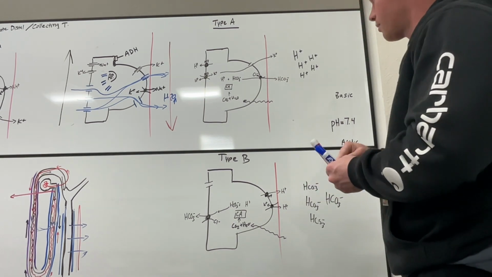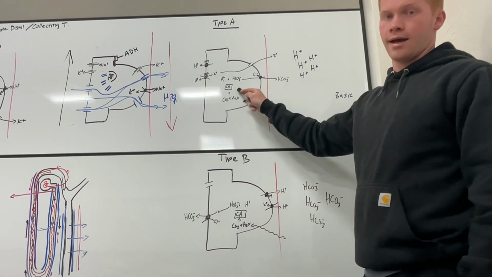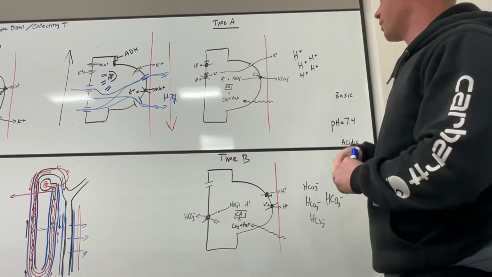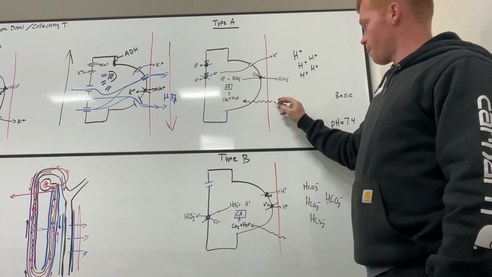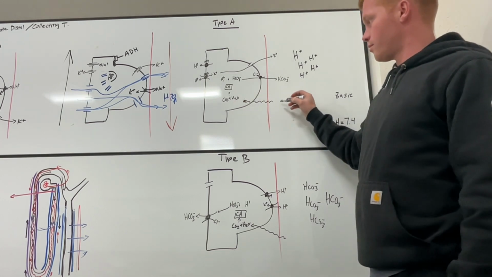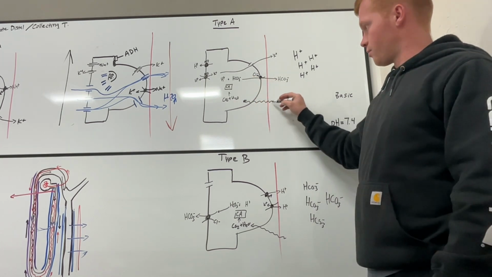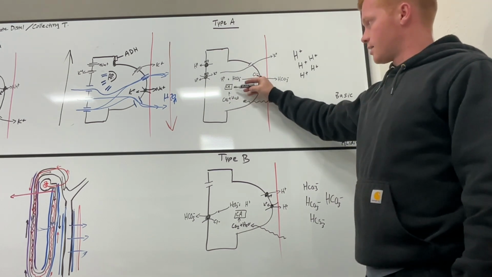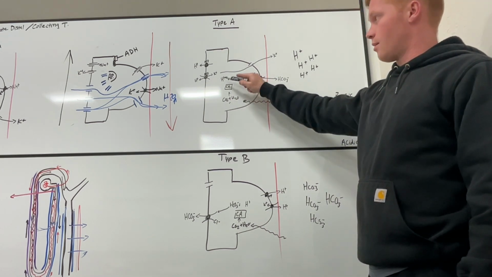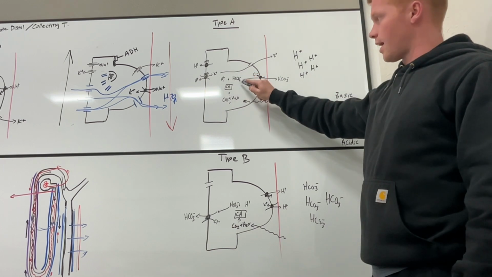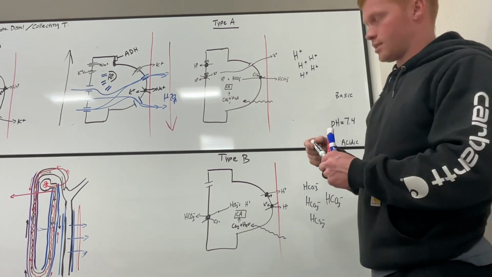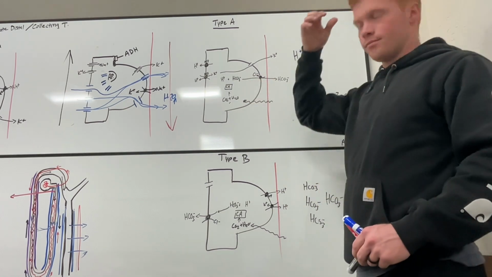So we're back to carbonic anhydrase. High acidity in the blood. What are we going to do? CO2 and H2O, we talked about before, is going to diffuse. This time it's going to diffuse from the blood, come inside the cell. It's going to go through carbonic anhydrase, become a hydrogen and the conjugate base, which is bicarbonate.